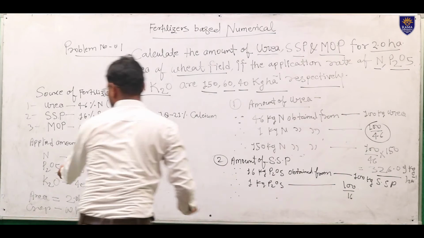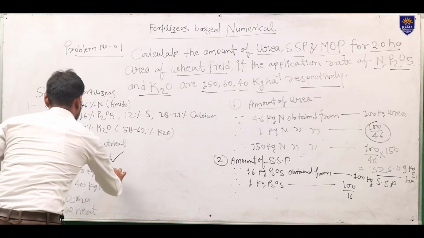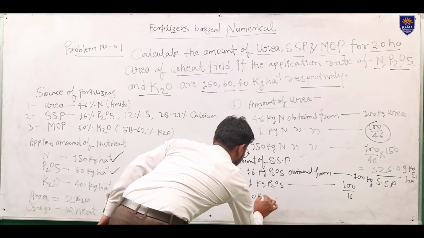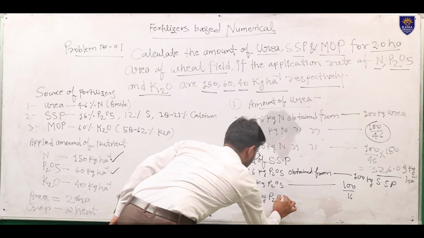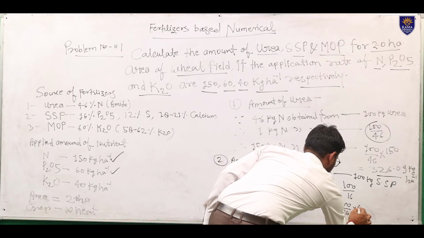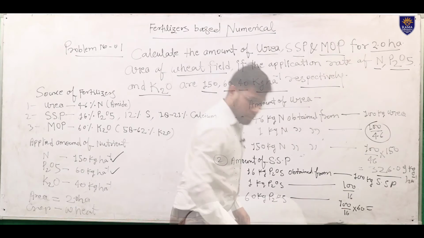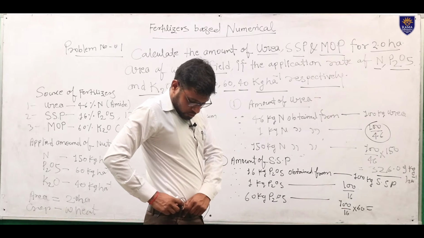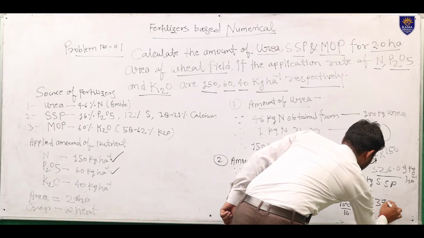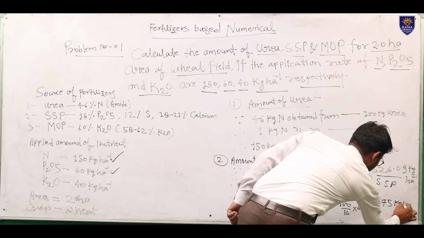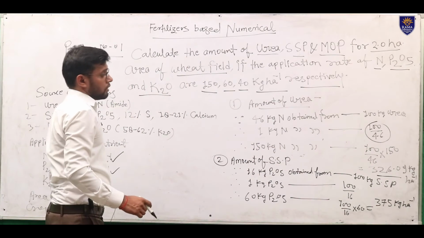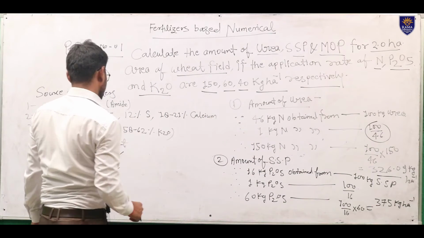Now we want to apply phosphorus at 60 kg per hectare, so 60 kg P2O5 is obtained from 100 divided by 16 into 60, and finally we get the amount of single superphosphate as 375 kg per hectare. This is the final amount of single superphosphate for 1 hectare.